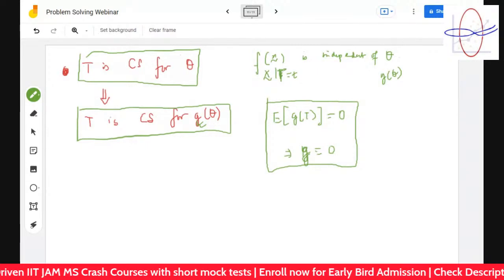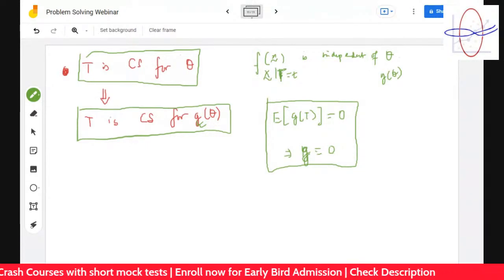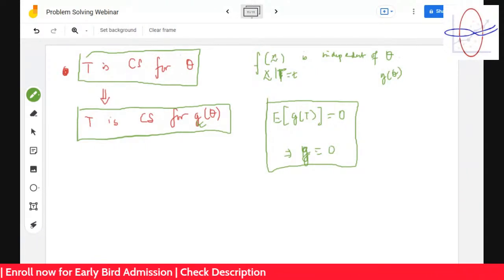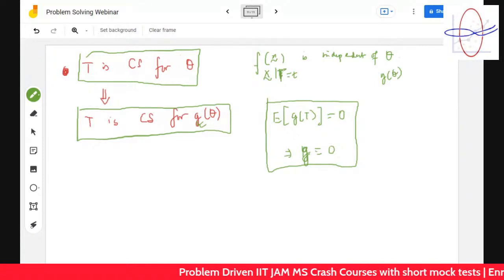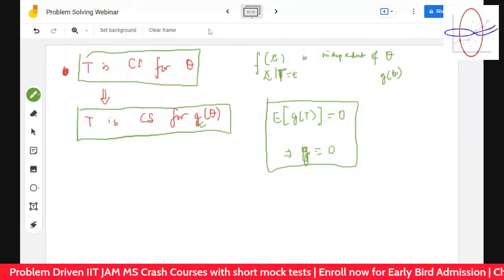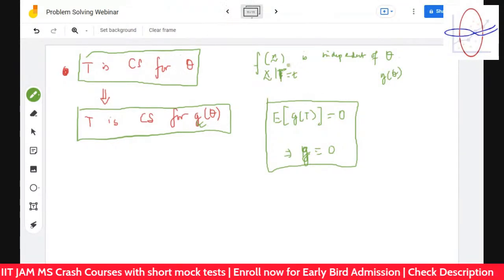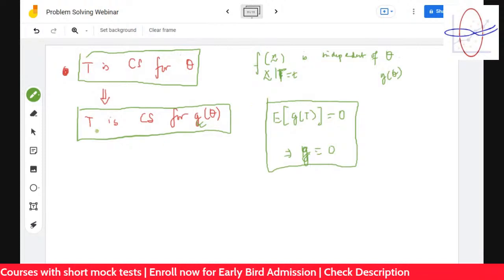Did you understand, guys? Nikhil, Paulamy, Froma. What about Paulamy? Did you understand this? Very good. So now we have got that T is complete sufficient for g theta.